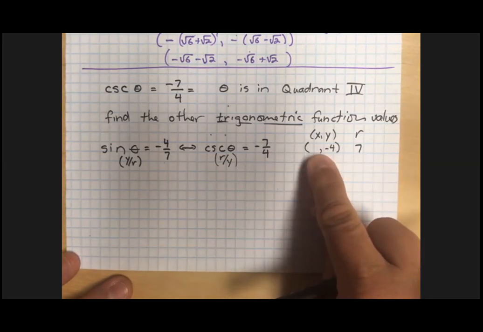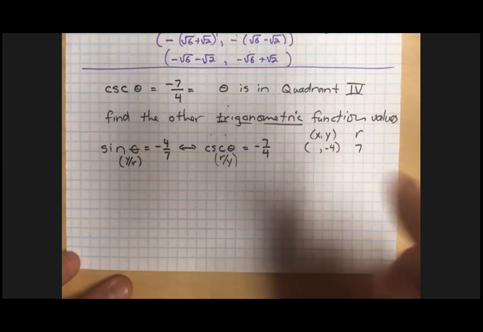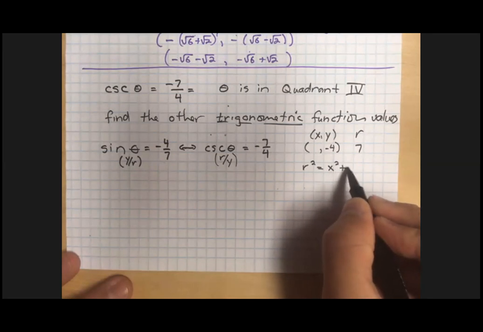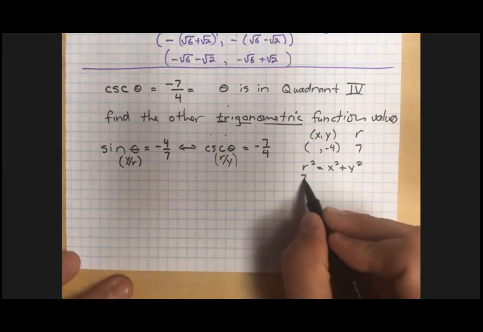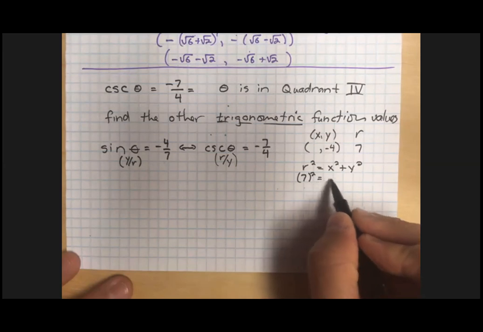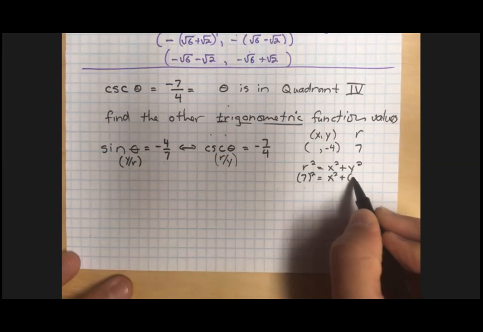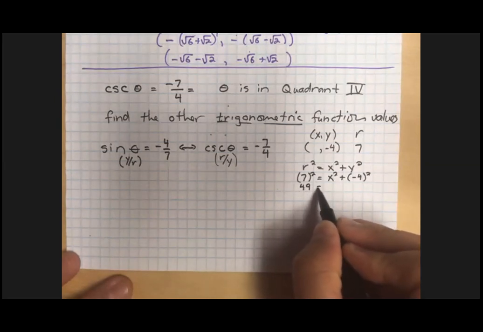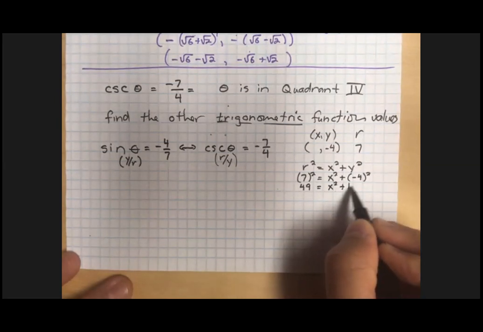Now I need to find out what x is. And how am I going to do that? Pythagorean theorem. If I take 7 and square it, that'll give me x squared plus minus 4 squared. 49 is x squared plus 16.